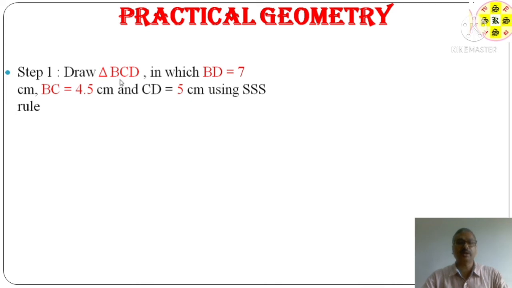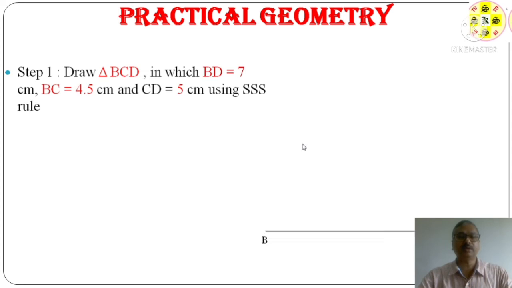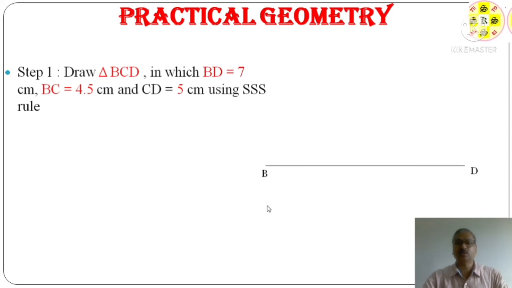Here the same process: we draw a triangle BCD with the SSS rule. Since BC, CD, and BD are given, all 3 sides are given, using the side criteria we can construct the triangle BCD. Let us show this.